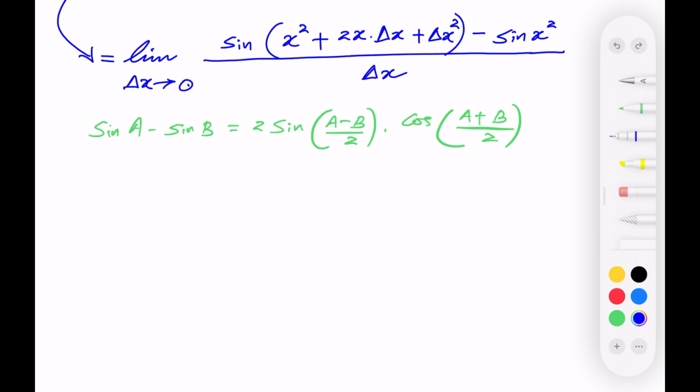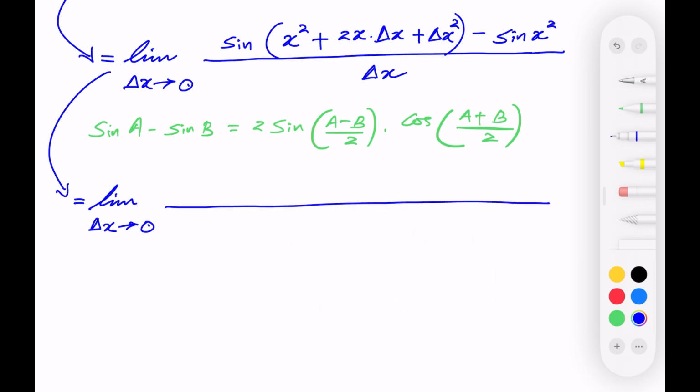Then we get this is equal to the limit as delta x approaches 0. On the numerator, I need to have this 2 at the beginning, 2 times sine of (a minus b) over 2. Our a is x squared plus 2x times delta x plus delta x squared.